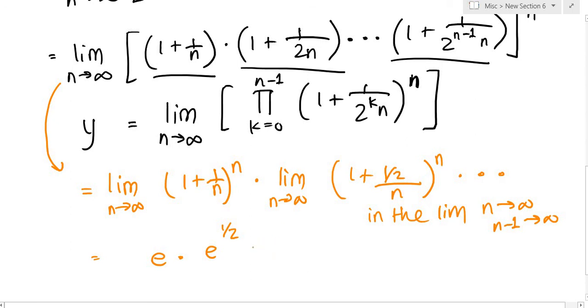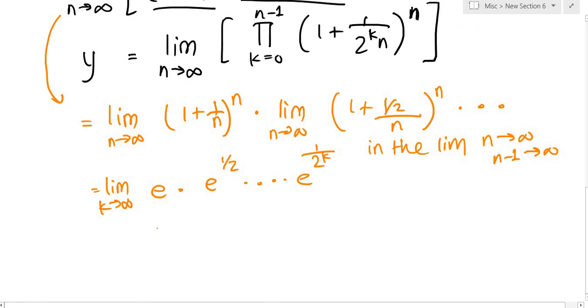So in a way this would have become some sort of infinite product over here. Let's write that this way, and then if you could use exponent properties, we would have obtained e raised to 1 plus 1 half plus dot dot dot 1 over 2 to the kth power.